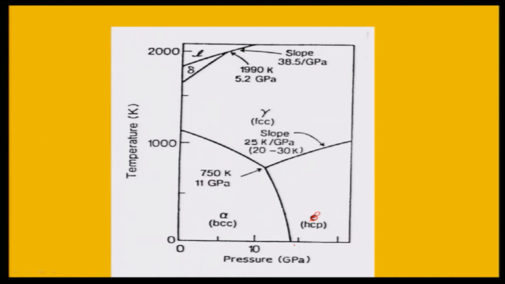At a very high temperature it becomes liquid. These are the slopes of the different curves. You can see this is negative, this is positive, depending on the delta V change. Delta V basically dictates the slope of these curves. This is negative, this is positive, and this is also positive. That's how we can explain the different unary phase diagrams.